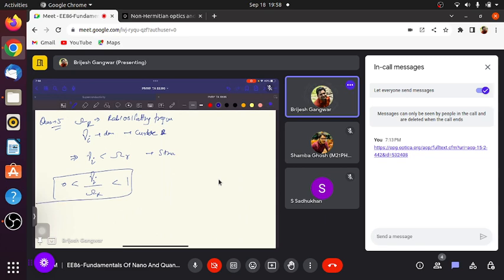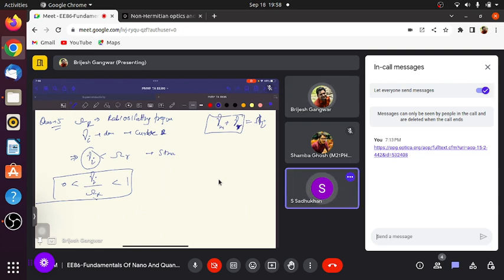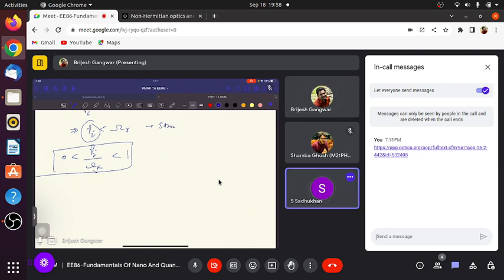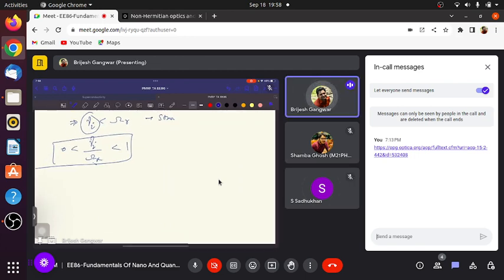See, I told you gamma m plus gamma n; these two are gamma I, and this should be less than omega r, and it will be strong coupling, right? What I told you: the rate of change of exchange energy between cavity and the light should be greater than the loss of the individual.